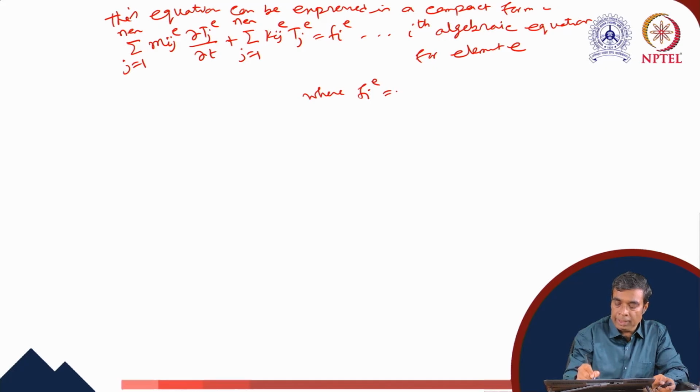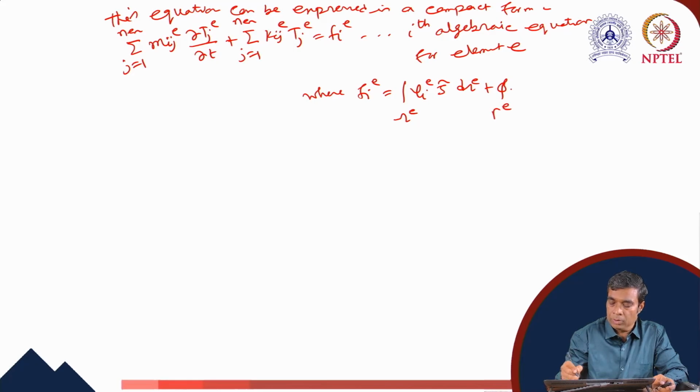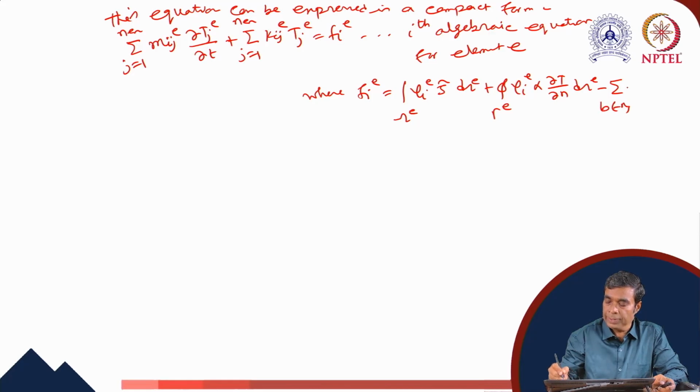F_i^e, the element level load vector, is the integration over omega E of psi_i^e s tilde d omega E plus the boundary integral over gamma E of psi_i^e alpha dT/dn d omega E minus summation over b belongs to eta_g of K_ib^e T_b^e minus summation over b belongs to eta_g of M_ib^e dT_b/dt.